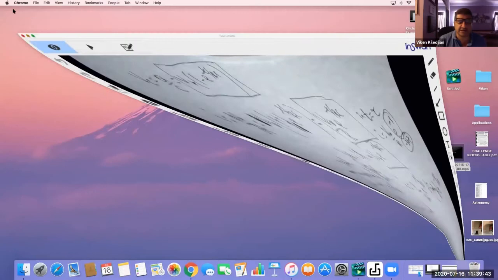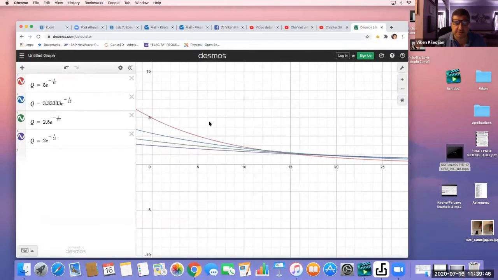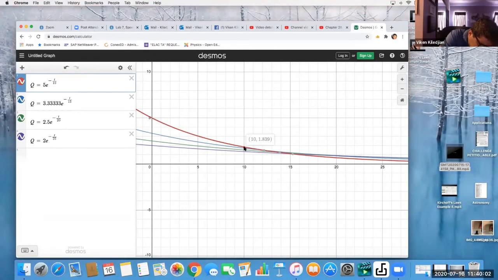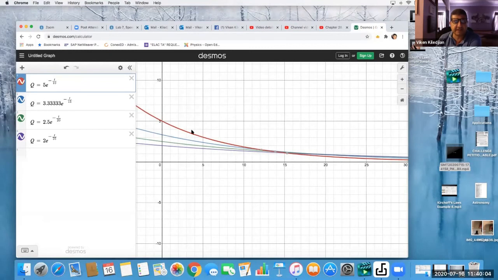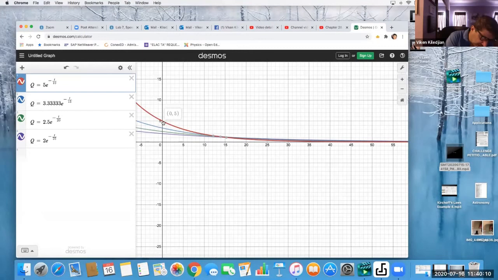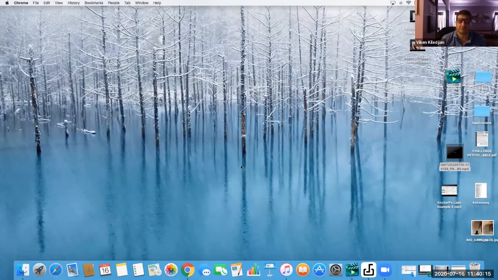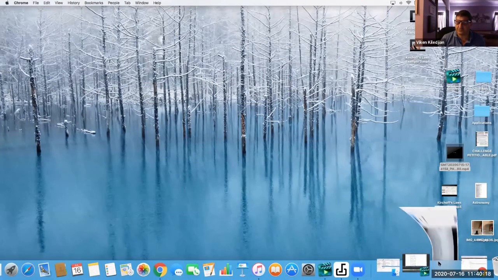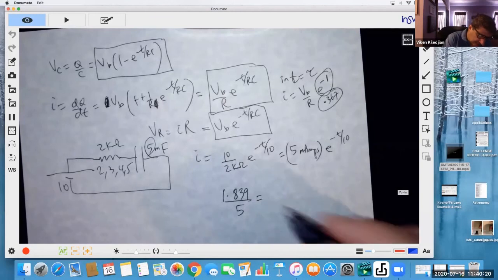So what's happening here then, the time constant of this red one is 10 seconds. What is the current at that point? 1.839 milliamps, right? If I divide that by the original current, 5 milliamps, what should that ratio be?